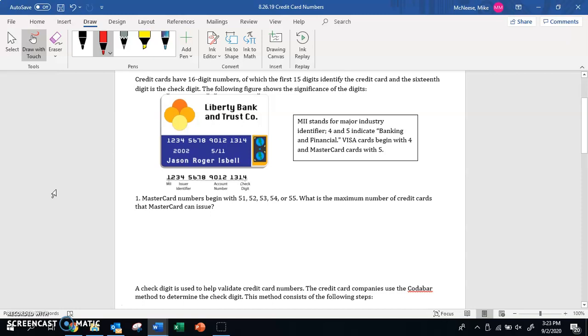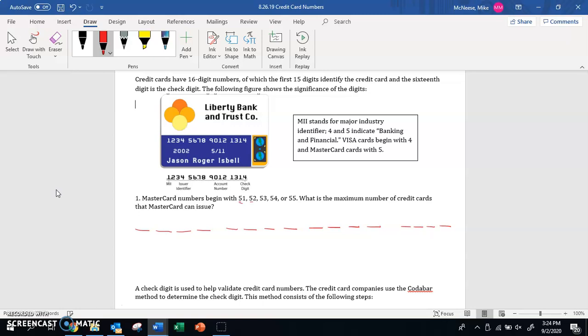So I'm going to write out, we know that a credit card has 16 numbers, or 16 digits. So there's 4, 8, 12, 16. And I know that MasterCard can only issue cards starting with these numbers.